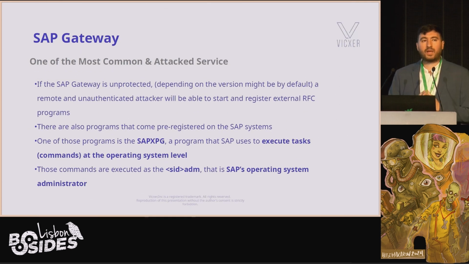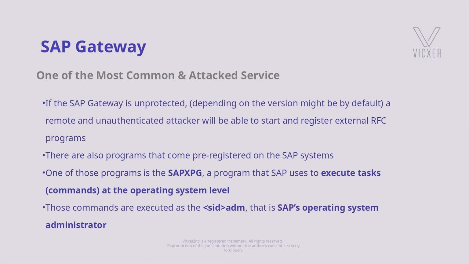So what happens if the SAP gateway is unprotected, as it is in many versions by default? Well, a remote and unauthenticated attacker, just by having network connectivity, will be able to start or register programs. They're called RFC external programs. Some programs come pre-registered in SAP, but you can upload your own. That is up to you.